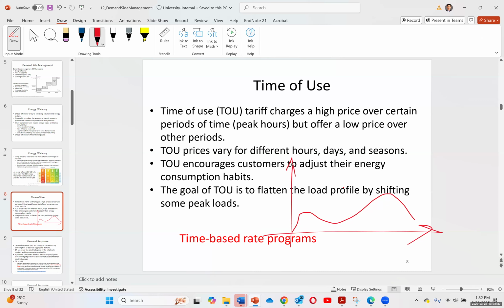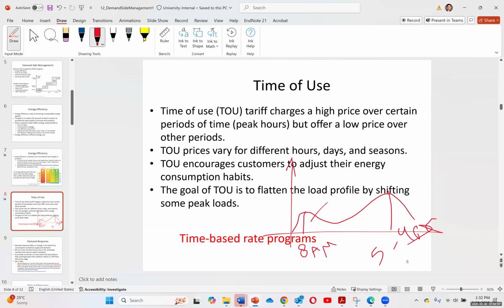The y-axis is the energy usage, and the x-axis is the time. Usually in the morning, around 8 a.m. And by the way, this is different for different environments. If you're in a warm environment, it's a little bit different. And this is like 5 to 9 p.m.